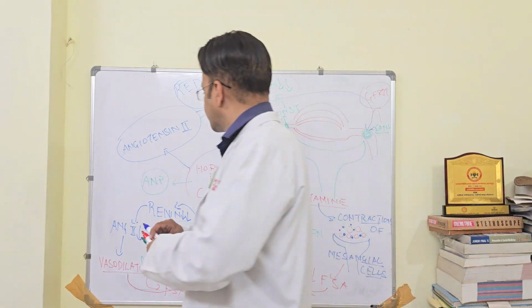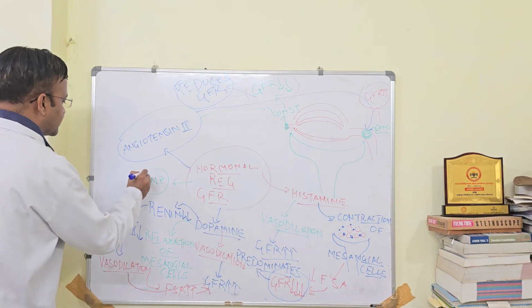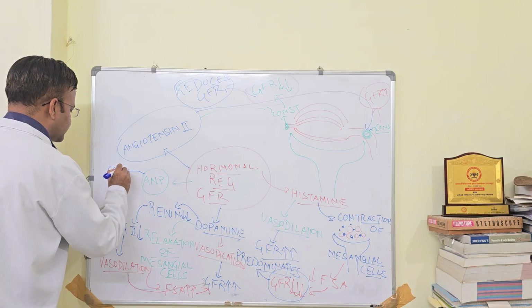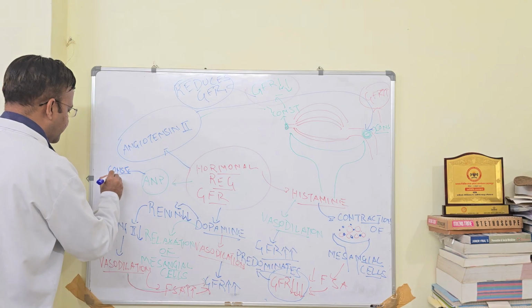Okay. So ANP, it will constrict what? Your efferent arteriole.